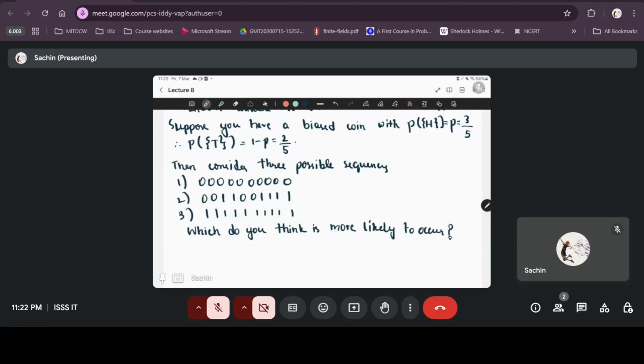Since there are 10 outcomes, 6 heads and 4 tails is what you would expect your outcome to look like. So you might think 0011001111 is the most likely among the three.